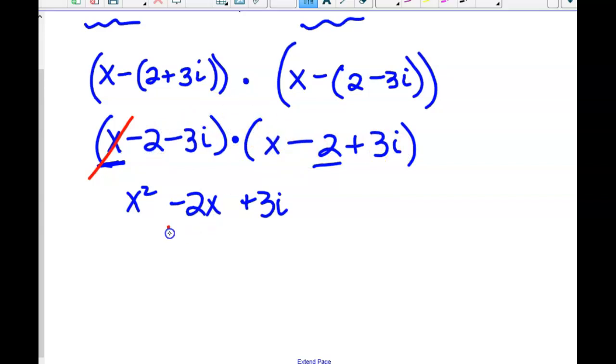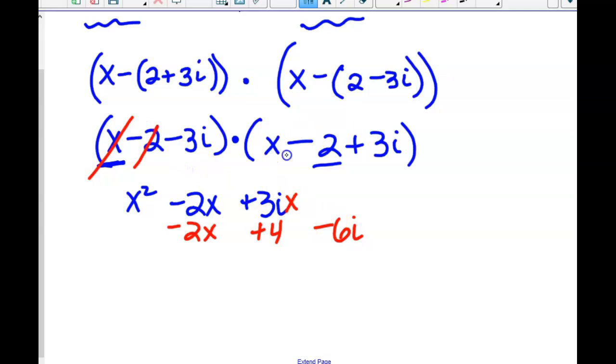So -2 times x. Yeah, I missed an x there, didn't I? Thank you. Okay. -2 times x. -2 times -2 back here would be plus 4. And -2 times that 3i back there would be minus 6i. Everybody good?